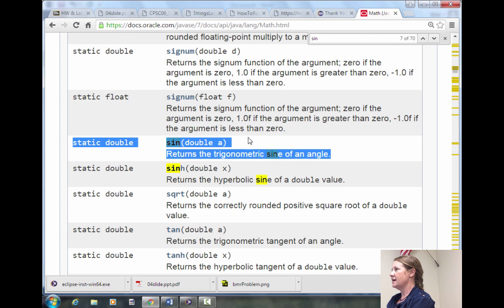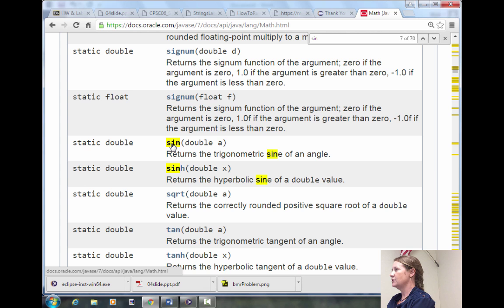This is called your method header, and this tells you everything you need to know to use this function. So when you use a function, you have to know the name of the function. So the name of our function is sine. And you have to know what to put into the parentheses. Every function is going to have parentheses, right?